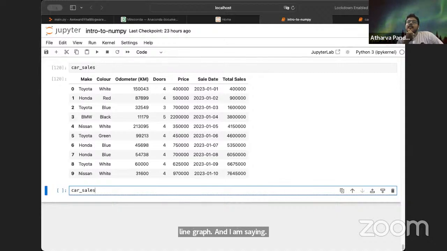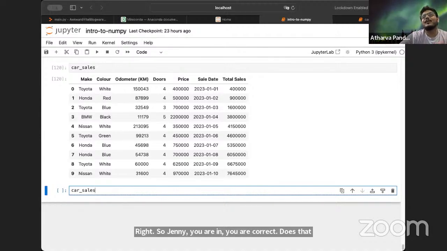Niharika, correct but incorrect. It is a line graph. Right. Saujanya, you are correct to some extent, but you missed the second point. You are not using make.